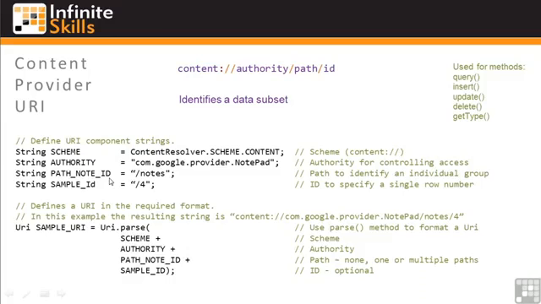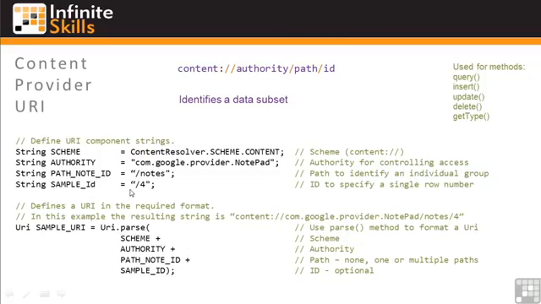The path string constant is PATH_NOTE_ID. Path is used to identify an individual group of data. There can be 0, 1, or multiple path elements. In our example, it's set to /notes. The ID string constant, SAMPLE_ID, is set to /4. It specifies a specific row in the data subset, and it's an optional element.